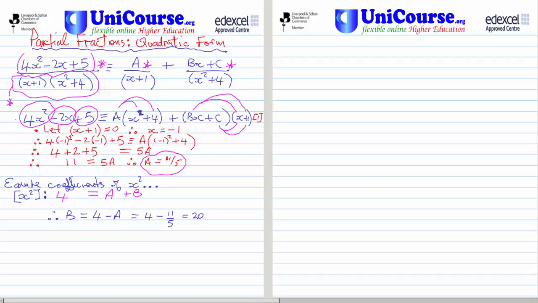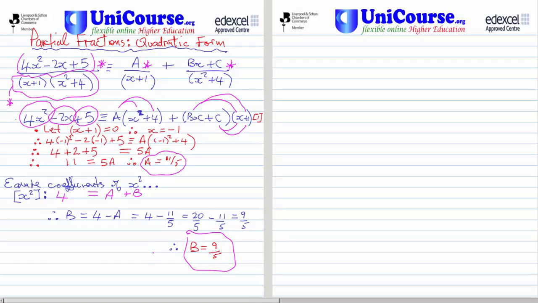So 4 is the same as 20 over 5, but we write it in that way because it's now easy to take 11 over 5 away. And of course we end up with 9 over 5. Maybe I should change back to red. Therefore now we can say b equals 9 over 5. And shade it in the same colour as we did for a above.